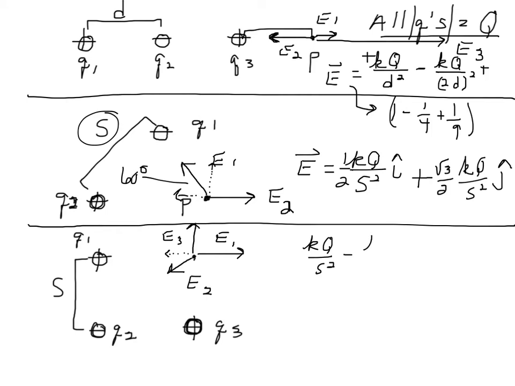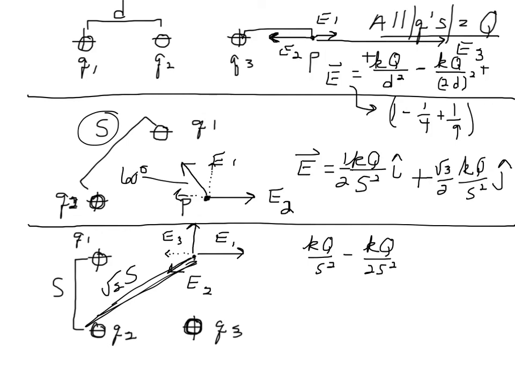Okay, that's KQ over root 2s squared, right? This distance here is root 2s. When we square it, we get 2s squared. And yet we have to take the cosine of 45 degrees.